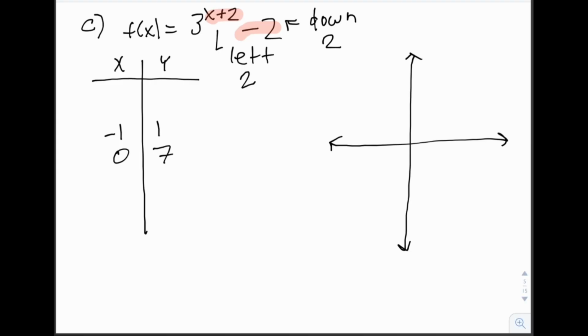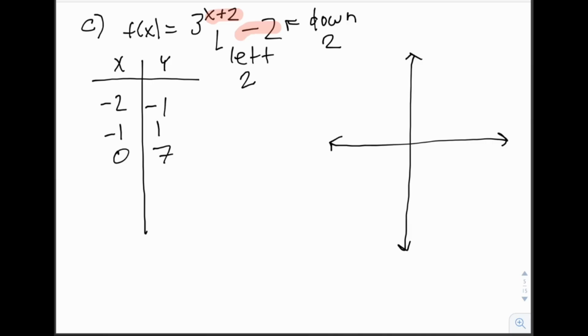So that will get me a positive 1. And then last, if I pick a negative 2, that should get me 3 raised to the negative 2 plus 2, or 0. So that would give me a 1 minus a 2, or a negative 1. And we should be good to go to figure out what this is going to look like.